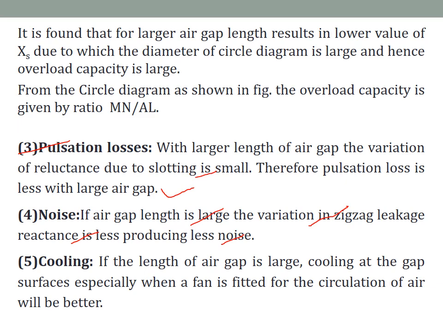If the air gap length is large, the variation of zigzag leakage reactance is less, and you will get less sound. Otherwise, if the air gap length is small, the variation of zigzag leakage reactance is more, and you may find higher noise.